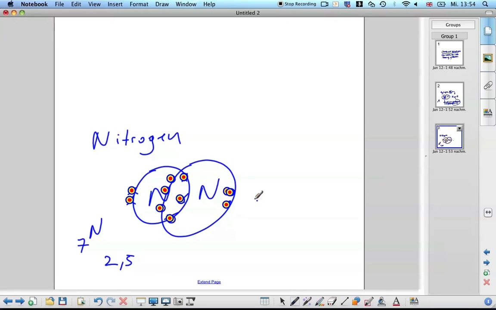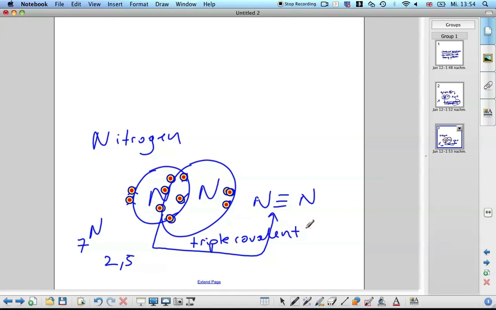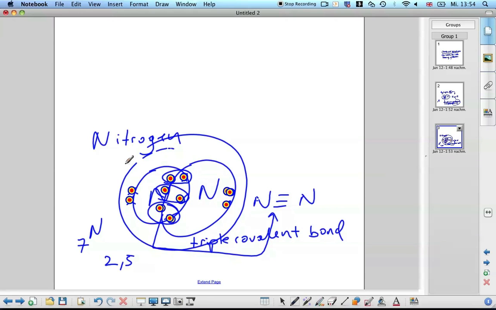Both of them, therefore, have got 8 electrons in the outer shell. Now this is known as a triple covalent bond, because this time 3 pairs of electrons are shared between each nitrogen. Now this whole thing is a little bit messy. You wouldn't be writing that down.